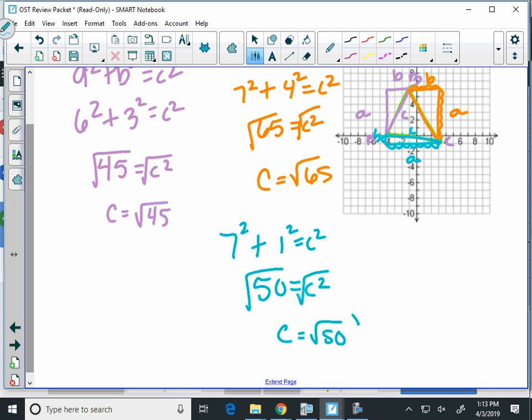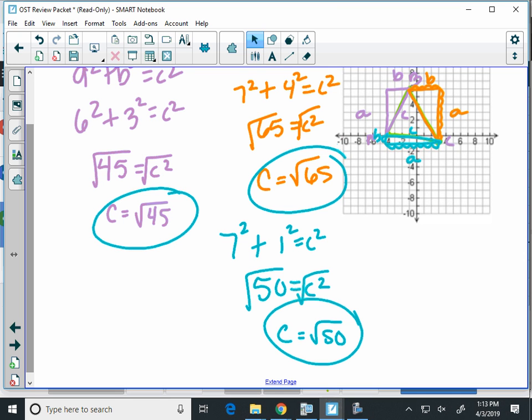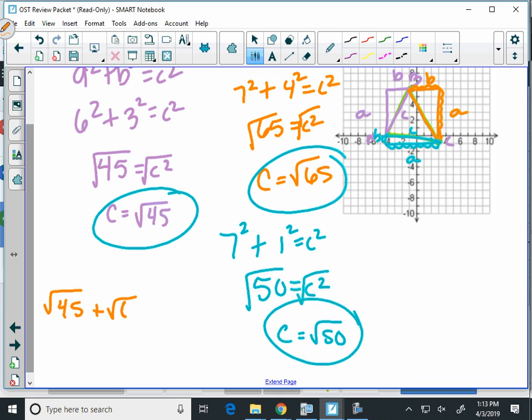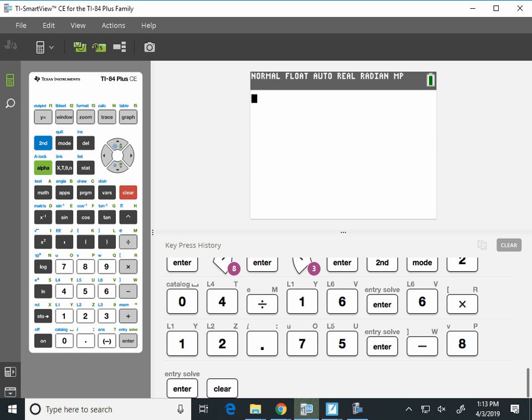So we found the length of all 3 of our sides. So to find perimeter, you just add all 3 of those sides together. So in your calculator or Desmos, when we do that, we get radical 45. Make sure you arrow out both in your calculator and Desmos.